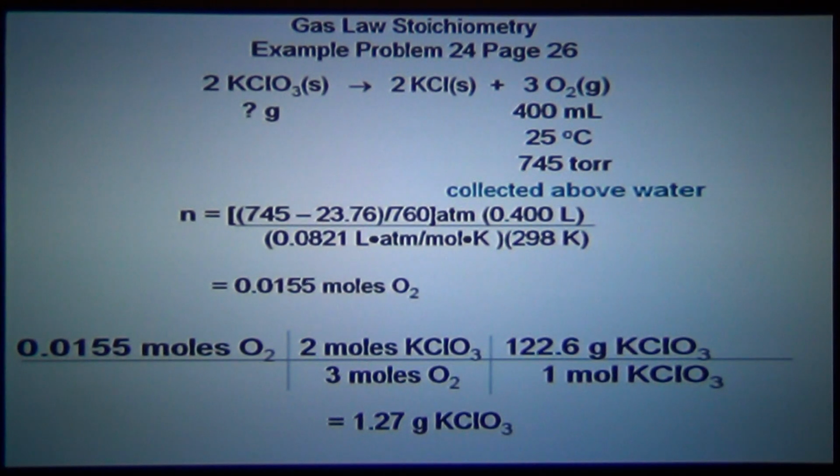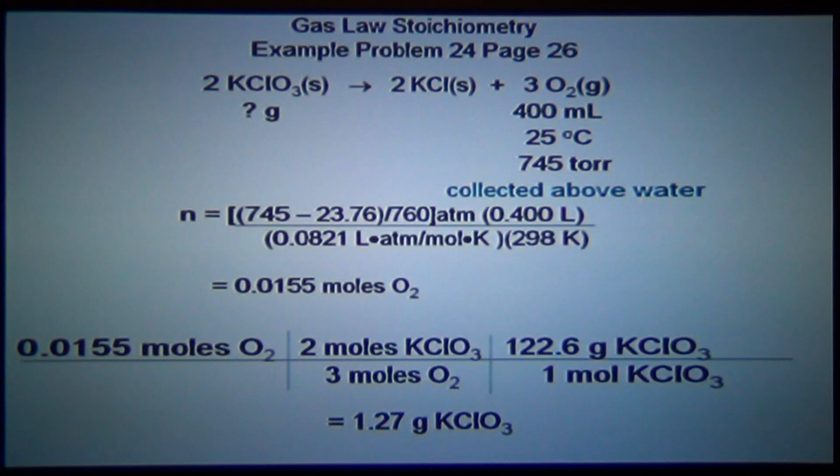So using that balanced equation, for every 3 moles of oxygen that we made, I had to start with 2 moles of the KClO3. And then using the molar mass of the KClO3, I can get the quantity of the starting material in grams. Why do I need that in grams? Well, I'm trying to compare that back to the mass of the mixture, which was the original 1.80.